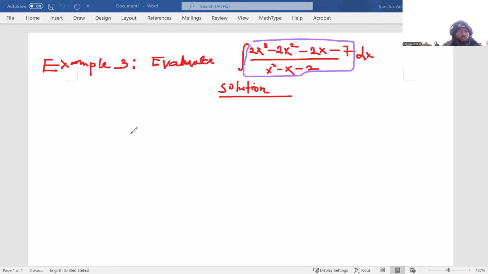So we're going to use long division so that the later fraction has a degree less than the one at the denominator. So we can now resolve into partial fraction and then integrate.